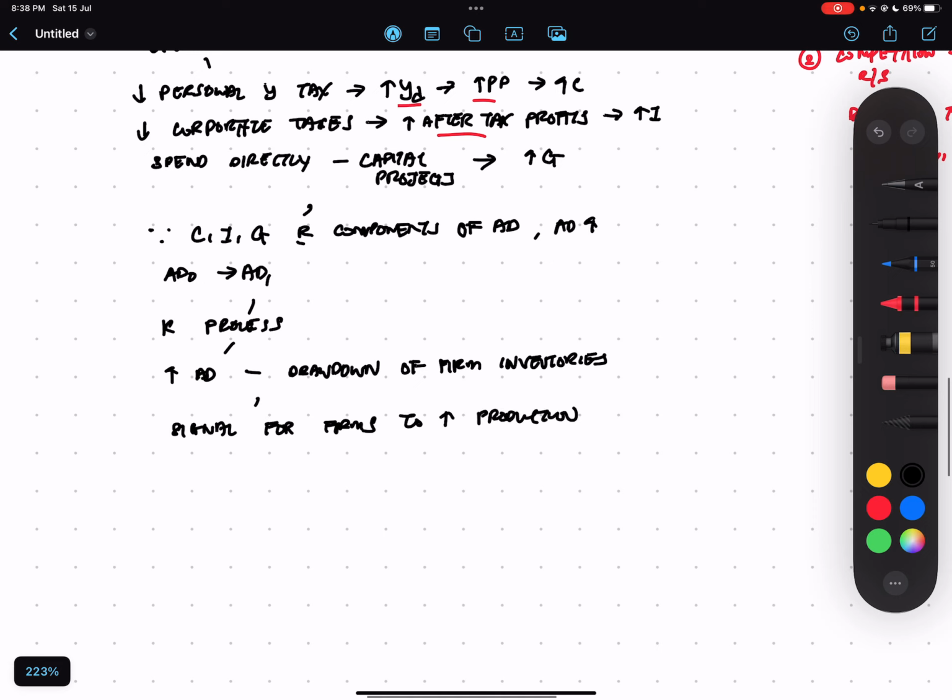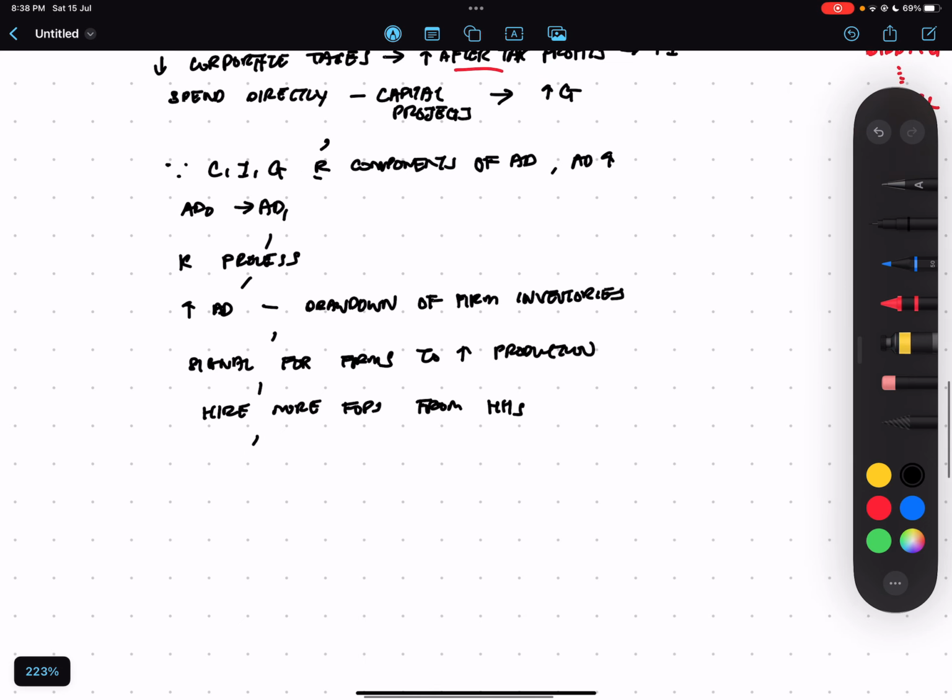So they hire more FOPs from households. And if they hire more FOPs from households, then households will have an increase in factor income. And since they feel richer, they will consume more, so that will lead to a rise in induced consumption.